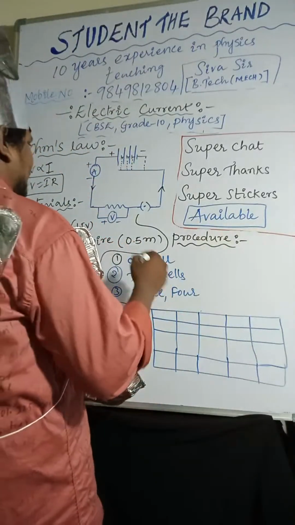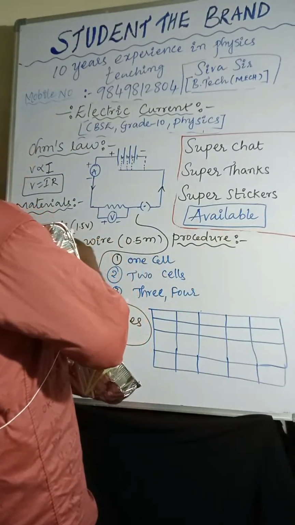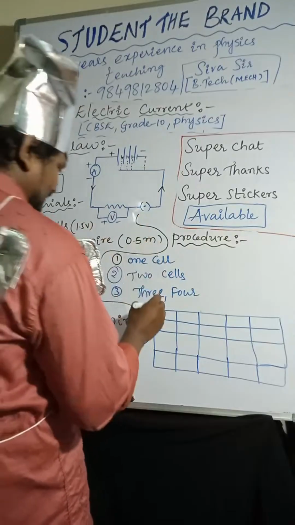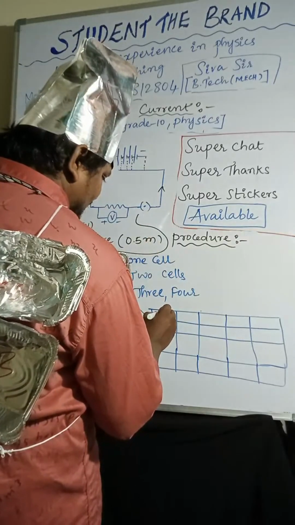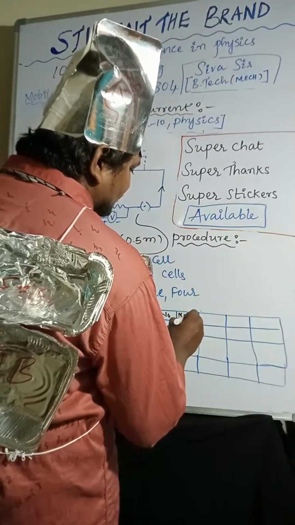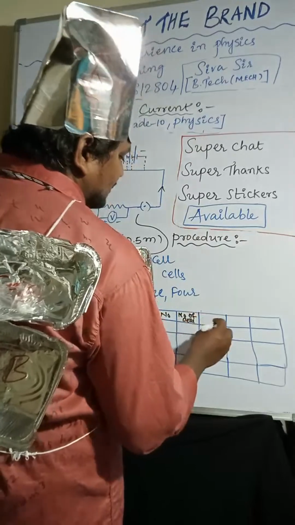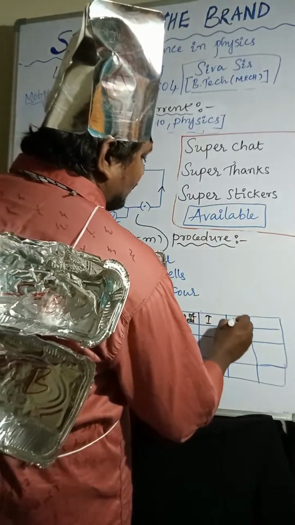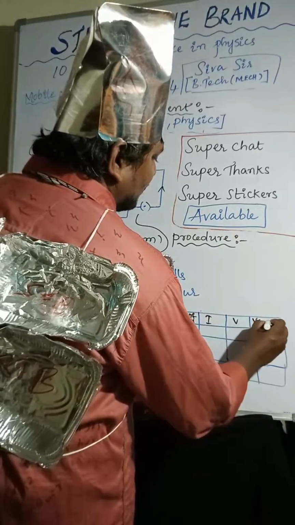Serial number, number of cells, current, and voltmeter reading.